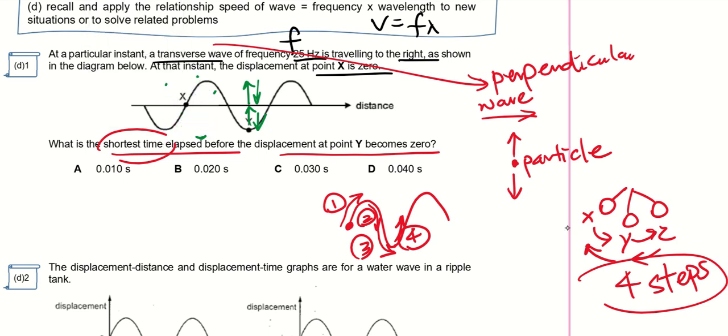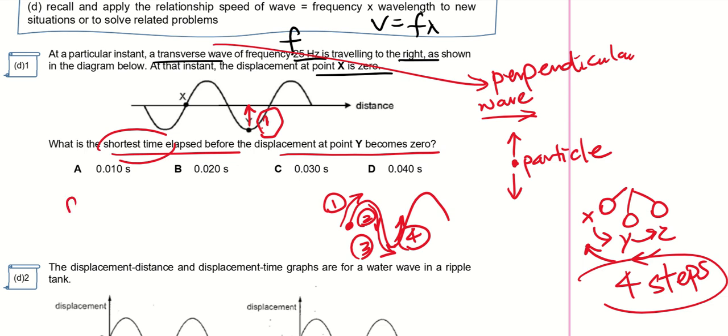Okay, so when coming back to this question, the shortest time elapsed before the displacement at point Y becomes 0. They want the shortest time, so it's only going up this way where the displacement becomes 0. So it would only take 1 step. Okay, but what are we supposed to find?